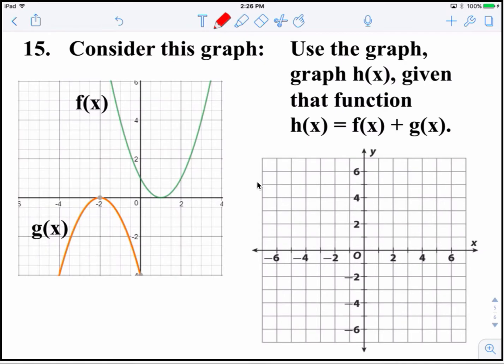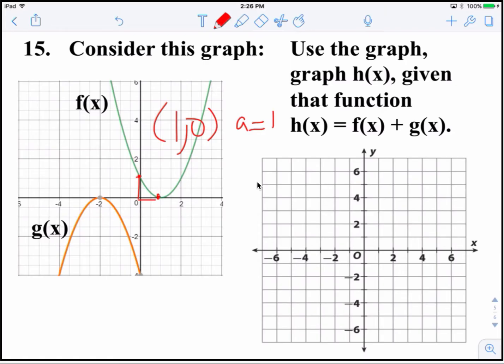If we look at this point, that's our vertex. So our vertex is at 1, 0. And if you look at this point here, if we shift 1 to the left and go 1 up, then our a is also 1.